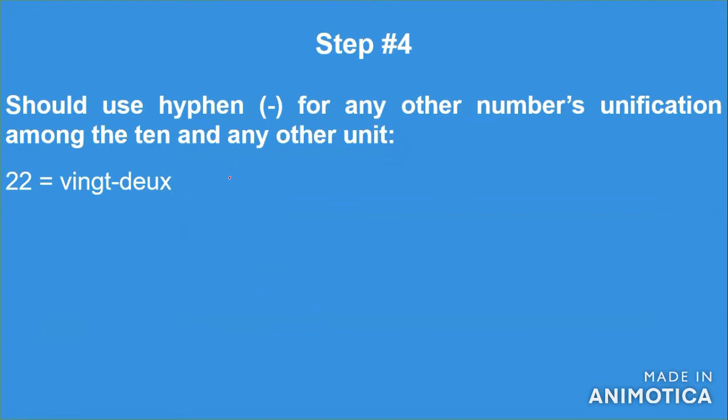After the unit 1, you won't need that "et" in between your numbers anymore. Like you would think about 22 as "vingt et deux". No, that doesn't exist. After the unit 1, you stop using "et", okay?